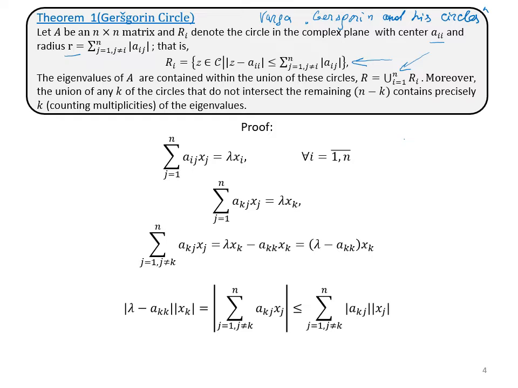Suppose that lambda is an eigenvalue of matrix A with associated eigenvector x. Also assume that the L infinity norm of vector x equals 1.